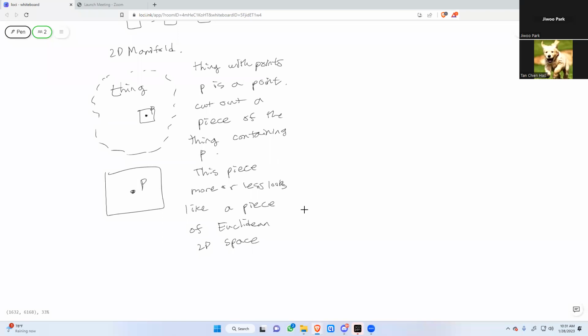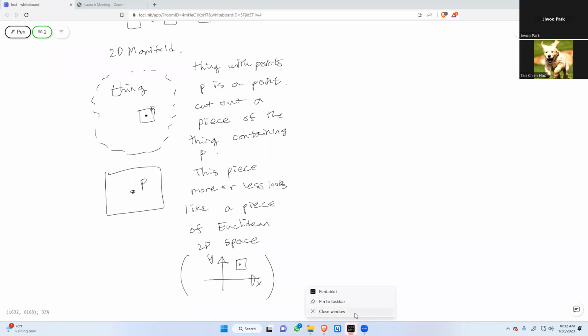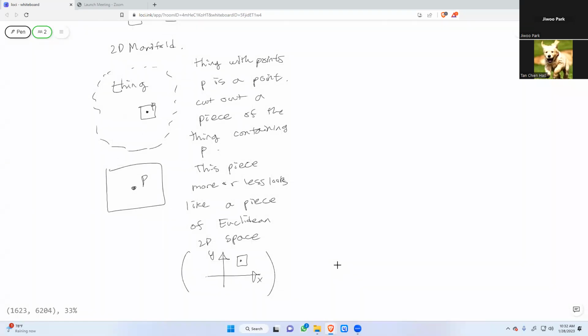And by Euclidean 2D space, I mean the usual two-dimensional space of an X and Y graph. So if you were to cut off a piece of that, it would practically look identical to this piece that we cut out of this thing that contains this point P. So for every point in the thing, there is a local region that is isomorphic to Euclidean space. That's basically just the definition.